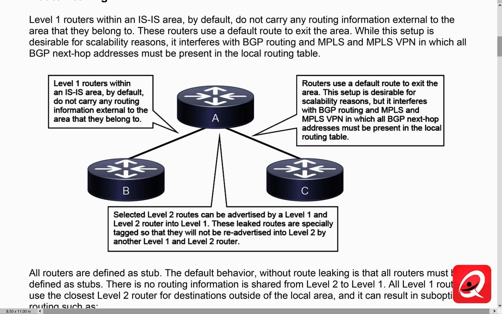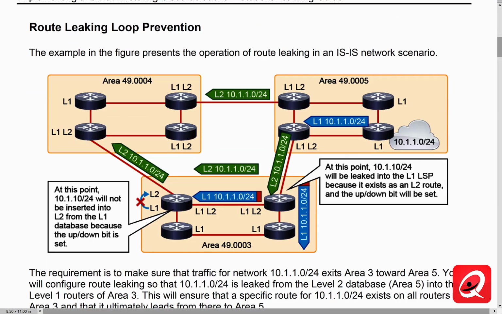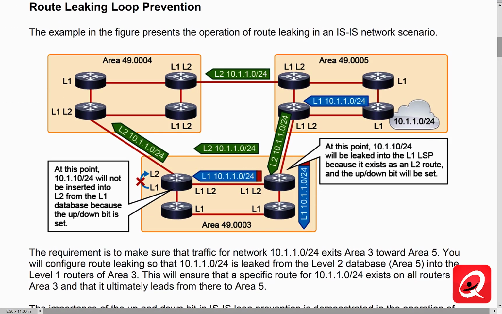We also define route leaking for wide metrics using TLV type 135. All right. As far as actually doing the route leaking, we don't get into the specifics of how leaking occurs, but we do obviously talk about the fact that it exists.